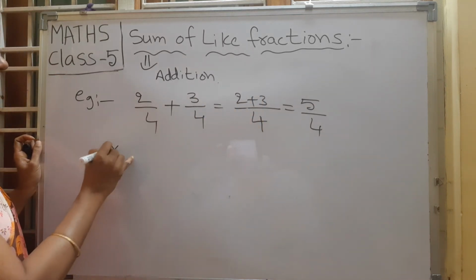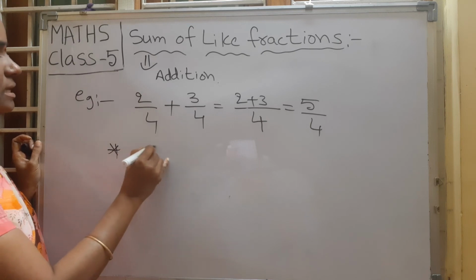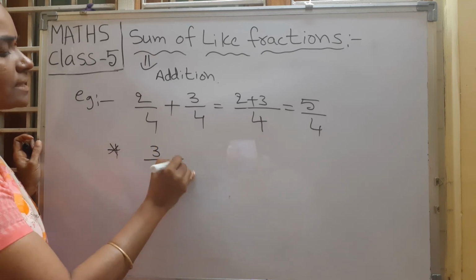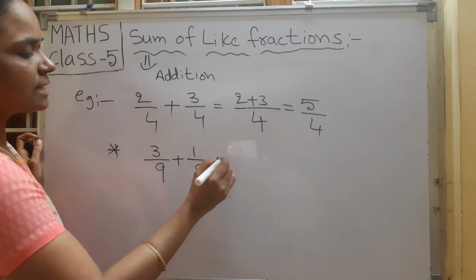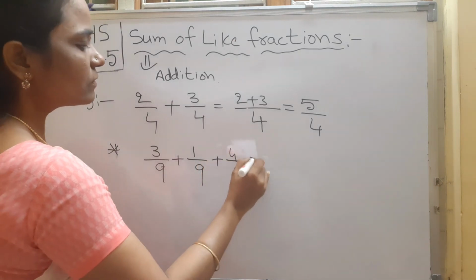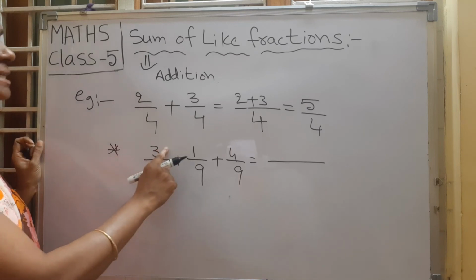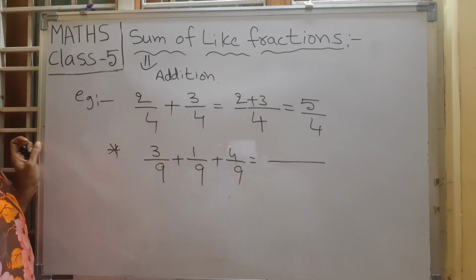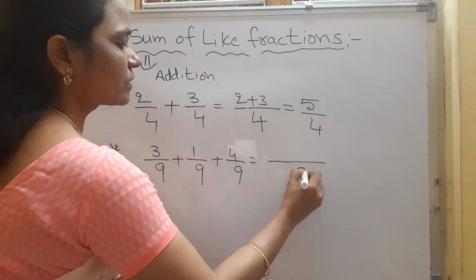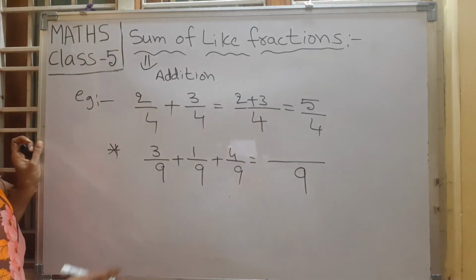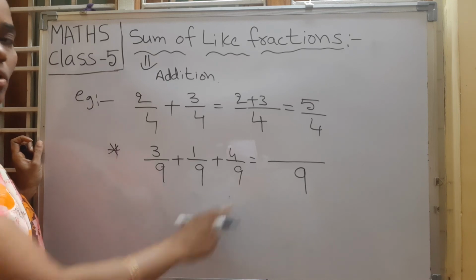Shall we take one more example, children? Yes, 3 by 9 plus 1 by 9 plus 4 by 9. What is the answer? Very simple. What do we have to do? Just add all numerators. What is the common denominator here? 9. All these are like fractions because they have the same denominator.